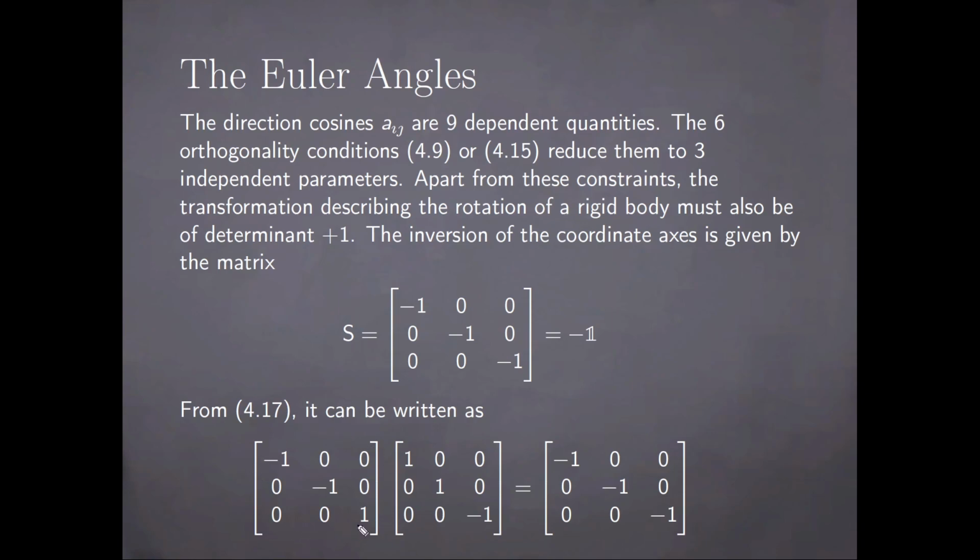This matrix simply corresponds to a rotation about the z-axis by pi radians. However, the matrix here is the problematic one, as it does not correspond to a rotation. Rather, it is a reflection of the z-axis in the xy plane.